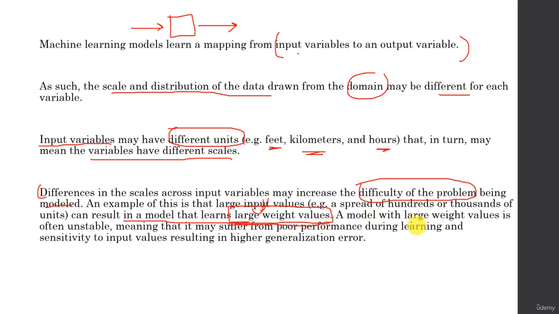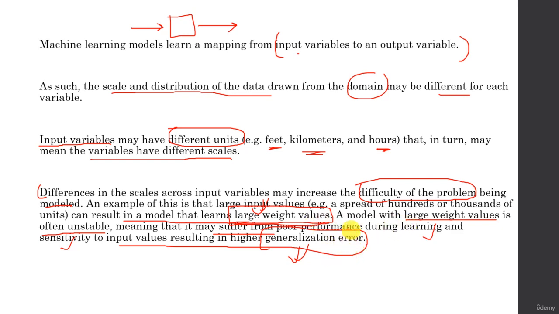A model with large weight values is often unstable also, meaning that it may suffer from poor performance during learning and be sensitive to input values, resulting in higher generalization error. So that means, if you do not bring your input to a standard scale, then we can have higher generalization error, which means our model won't be able to generalize to the input data.